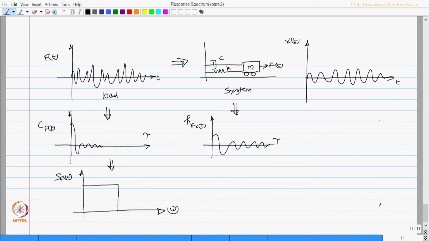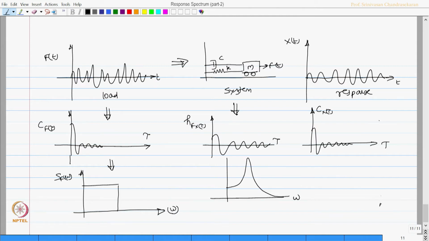The system will also have the response whose autocorrelation is given by this plot. Ultimately, the system will have a response which will get amplified for a given damping for various values of omega, which is the mod value of hfx omega.